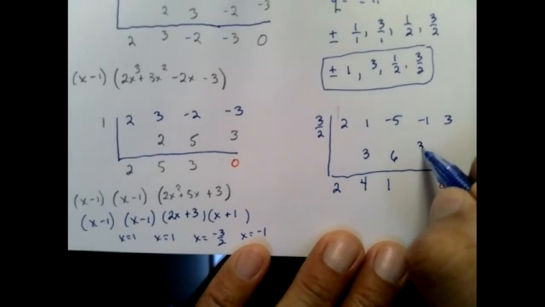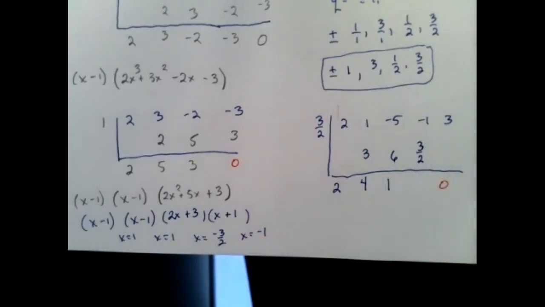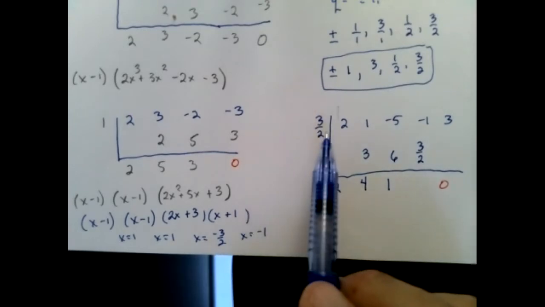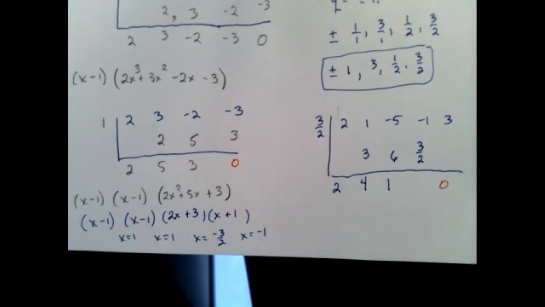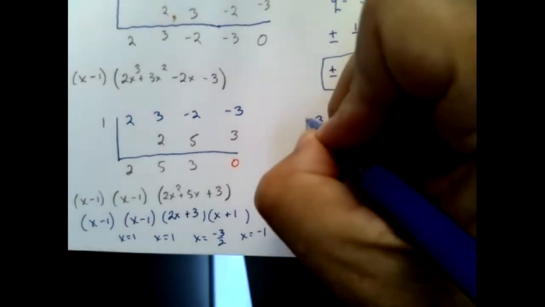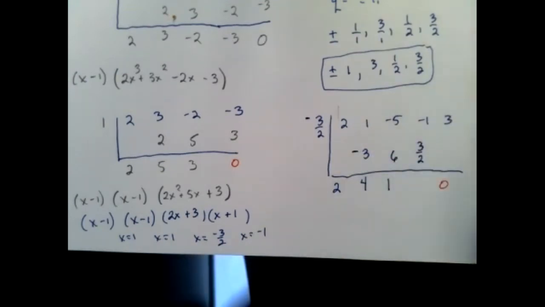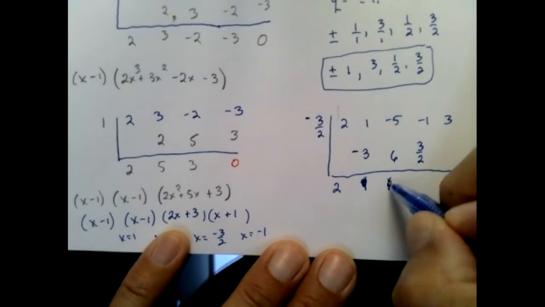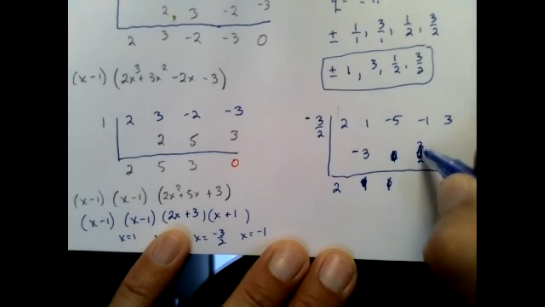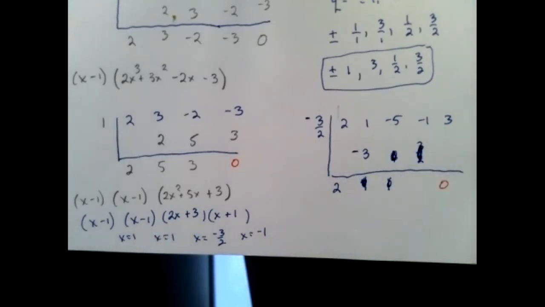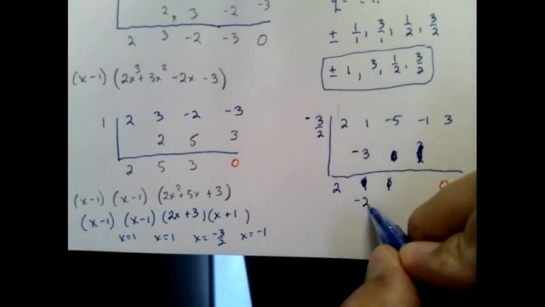All right, I went long enough. I think that is 3/2. Daggone it. What should I put up here instead of 3/2? Negative 3/2. Zena, why didn't you tell me earlier? That's a negative 3. I should have done it in pencil. If I add, I get a negative 2.